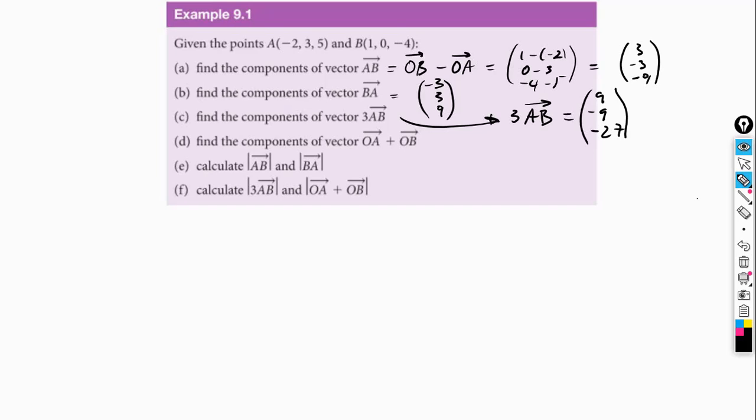So this would just be the sum of vectors OA and OB. In other words, adding the components of the vectors, right? So this would be the same as negative 2 plus 1, 3 plus 0, and 5 plus negative 4. So we're going to get negative 1, 3, 1.